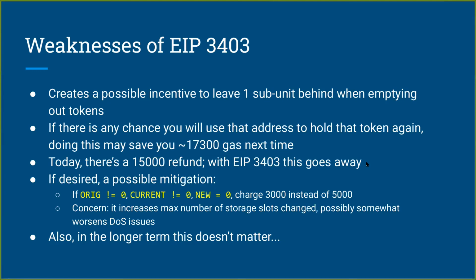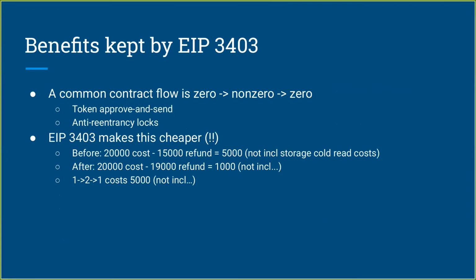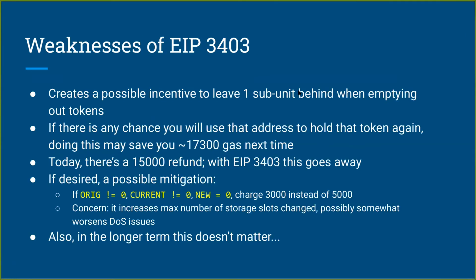And then the way that I understand that, before 3403, you could kind of go from 1 to 0 and then back for free, more or less, right? And so that was the DOS concern. Right. Before 3403, the concern is that you could basically move one storage slot from 1 to 0 and another storage slot from 0 to 1, and you would get a refund.